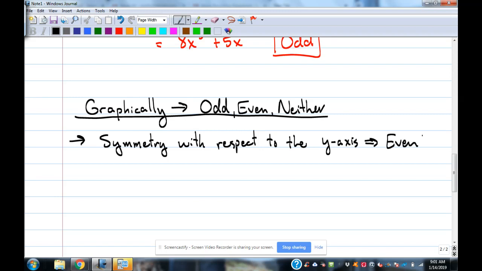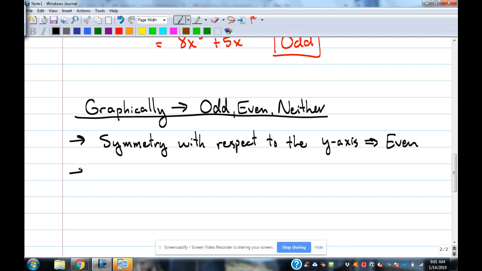You can fold it. I think the wording we used in section 2 was across instead of with respect to. It's the same thing. So if it's symmetry with the y-axis, that means you can fold it this way across the y-axis, and it matches up, and that would be even. We'll look at some pictures in just a minute of that.